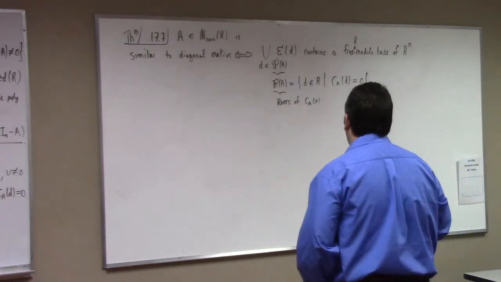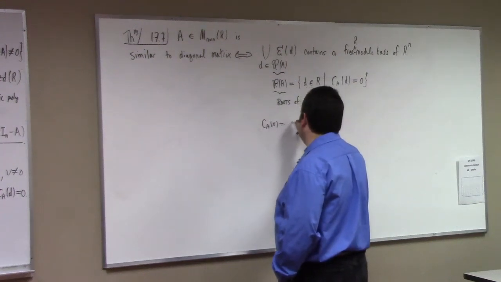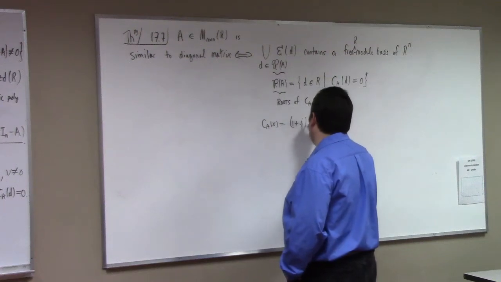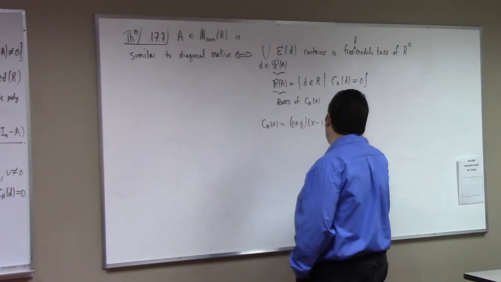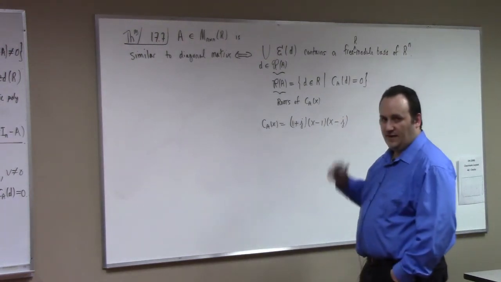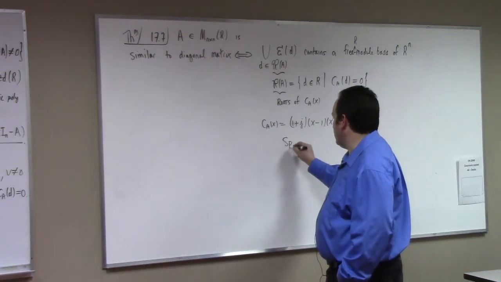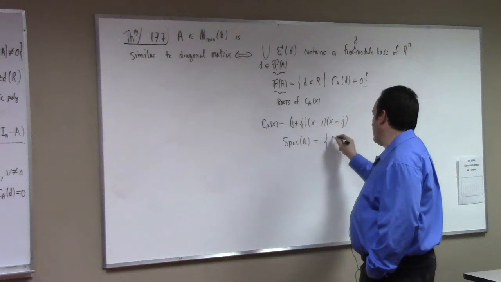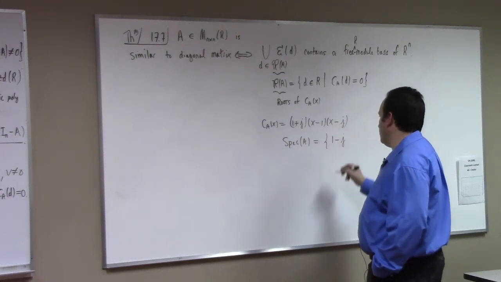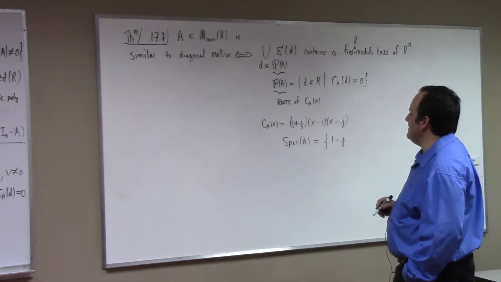Hypothetically, if we had C A of X work out to something like 1 plus j times x minus 1 times x minus j, then the spectrum of A would include 1 minus j, maybe.